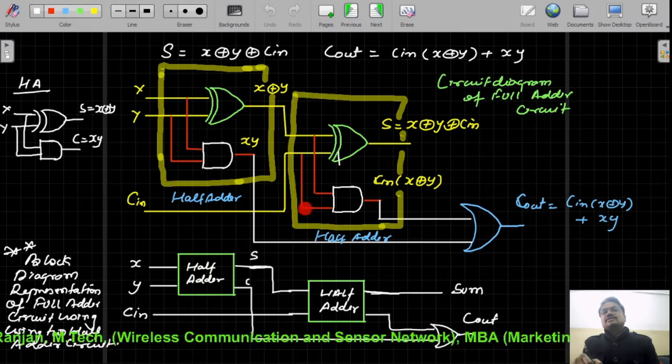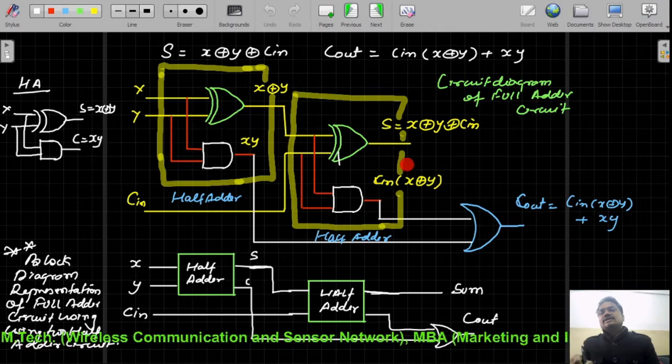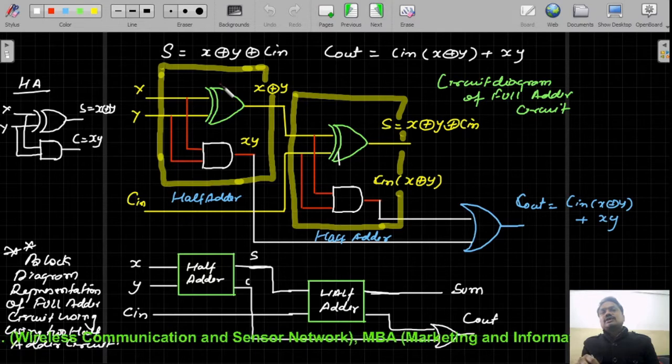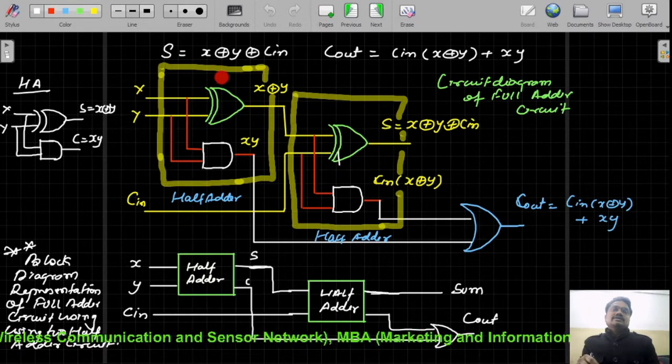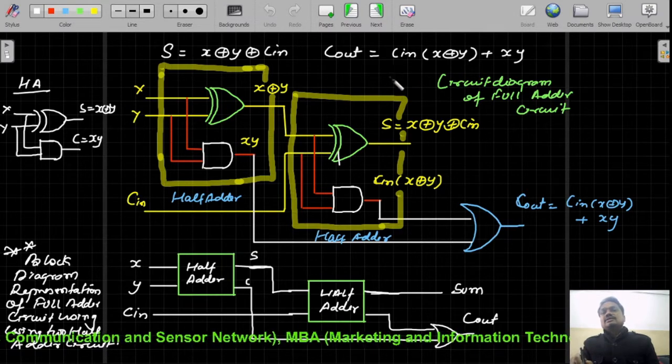Similarly, the second block can also be represented as a half adder circuit. So what we can conclude with this implementation is that with two half adder circuits and one extra OR gate, we can implement our full adder circuit.